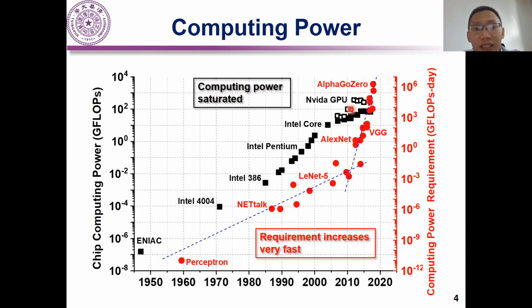On the other hand, the computing power requirement for AI training grows very fast. After 2010, this requirement doubled almost every 3 to 4 months. It is clear that the saturated computing power cannot meet the requirement of AI applications.